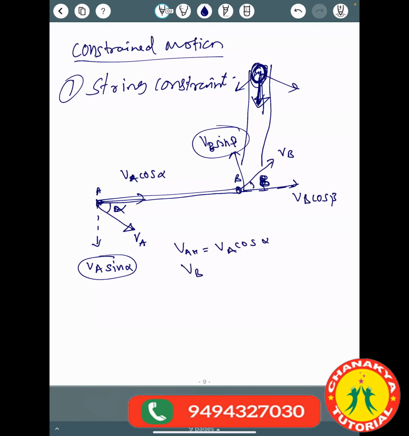And VB horizontal is how much? VB cos beta. Now you guys tell me, if this is the condition, like you are holding a string, let's say, and you are running with some speed, what should be the condition between these two, if the string is not breaking?